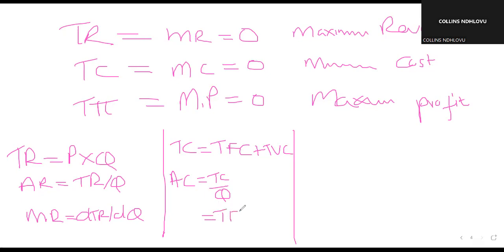Total fixed cost, when divided by quantity, we call average fixed cost. Total variable cost, when divided by quantity, we call average variable cost. In short, the T becomes an A. Are we together? So lastly, when we differentiate the total cost with respect to quantity, we're going to call this our marginal cost.